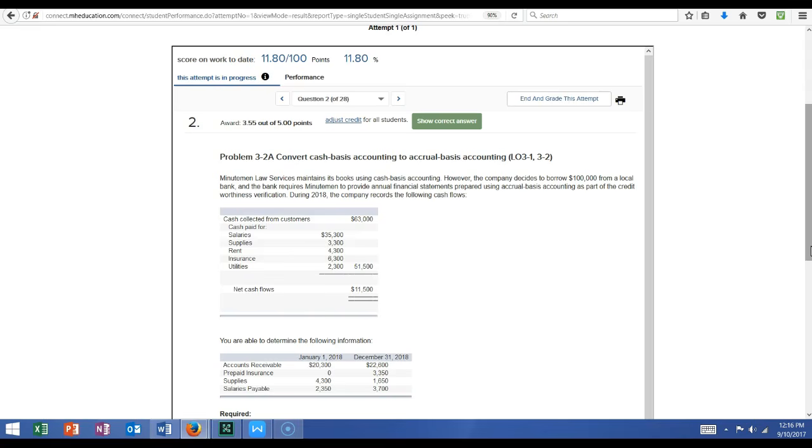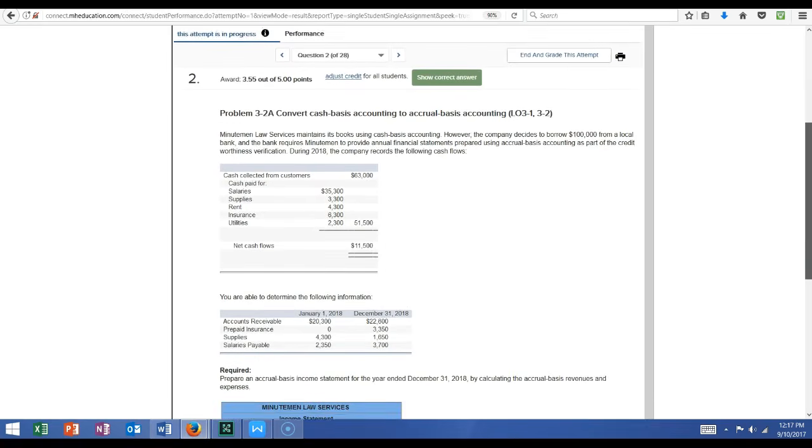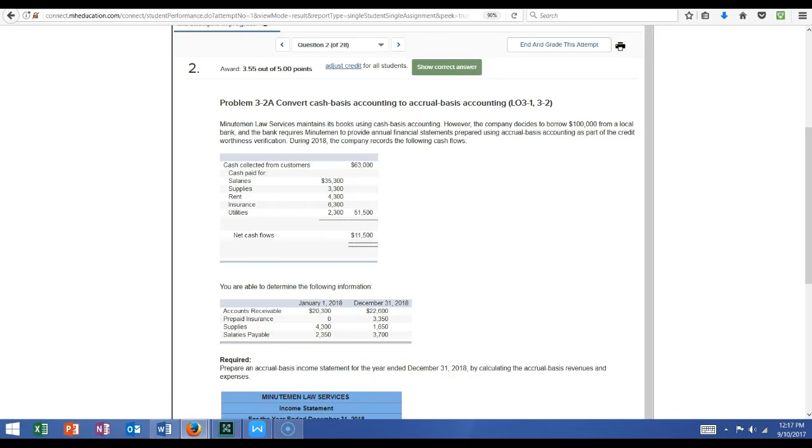So we have to take this information they gave us and make it work with accrual basis of accounting. It can be confusing because it's like, wow, you're giving me cash, you're telling me these accounts receivable, what the heck? Well, if you think about it, accrual basis of accounting is monies that have been earned.